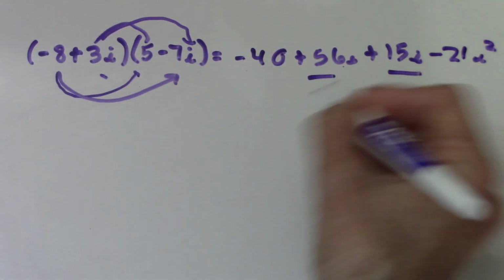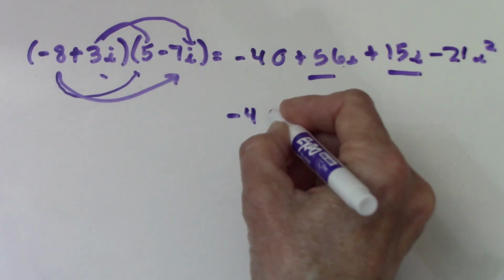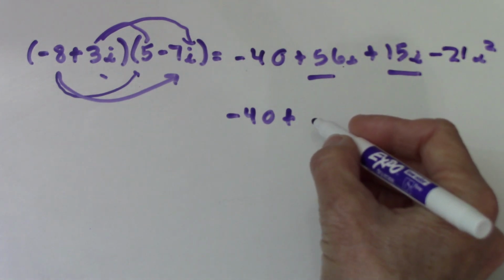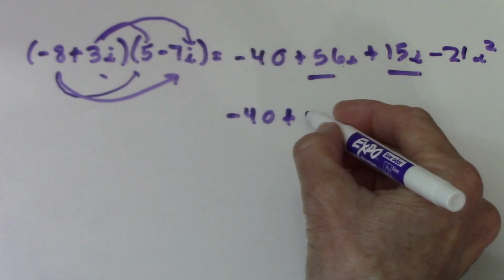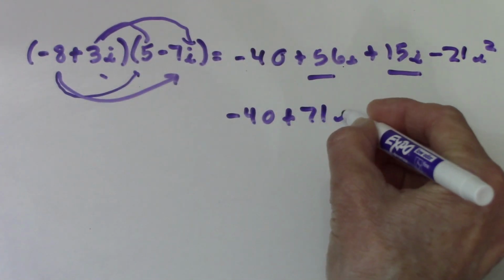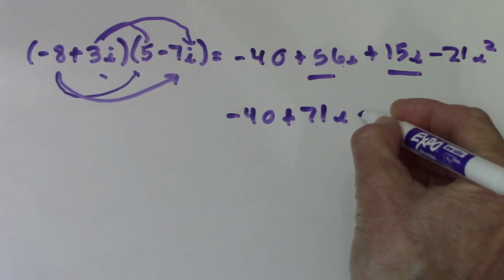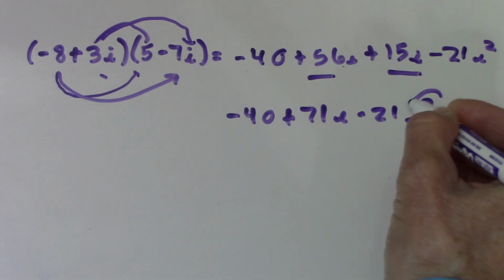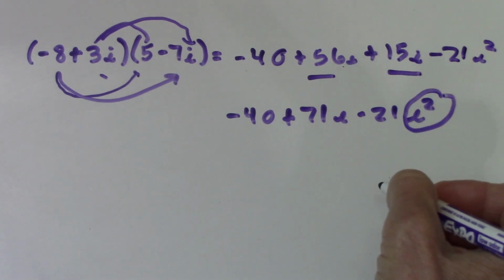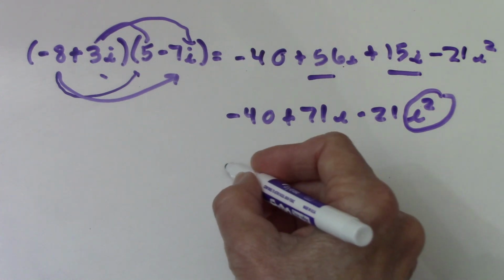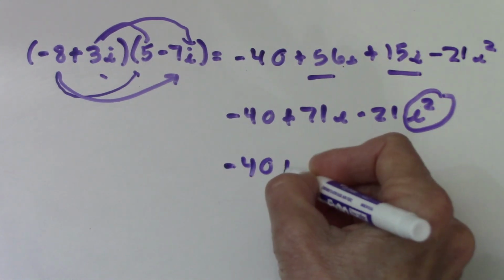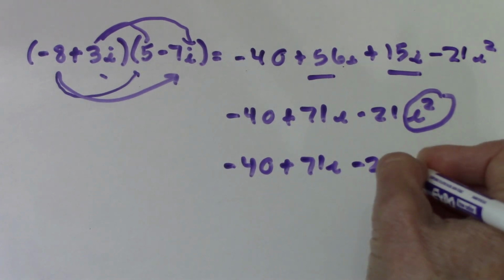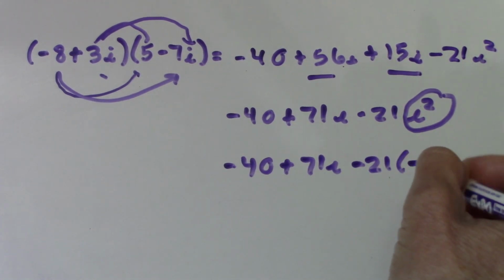Add the i's together, so I'll bring down the -40 plus 56 plus 15 gives me 71i. And then this is minus 21i squared. i squared is -1. So I'll have -40 plus 71i minus 21 times -1.